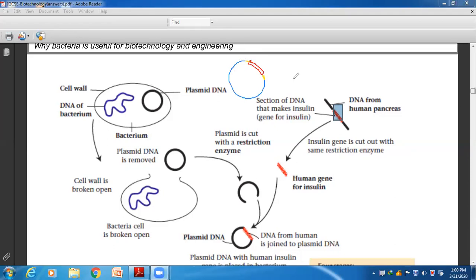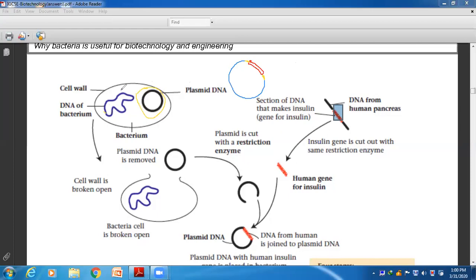All right, another question. Yes, it's clear. Now your question is, what is plasmid? It's very easy. Most bacteria have an extra chromosomal ring, like this ring. This is called plasmid. It is DNA, but not part of the actual chromosome.